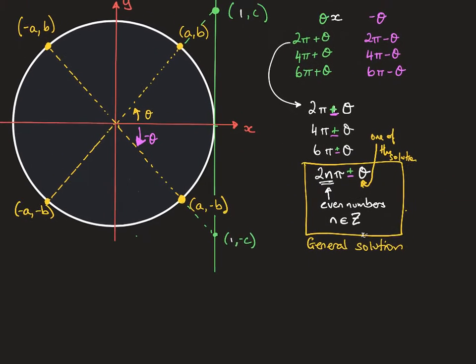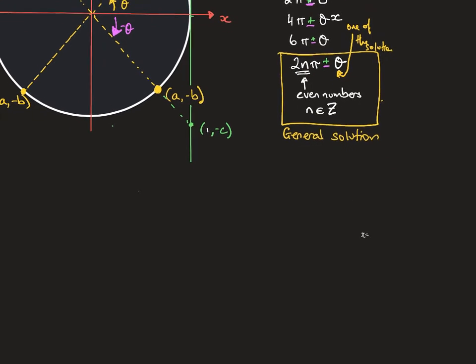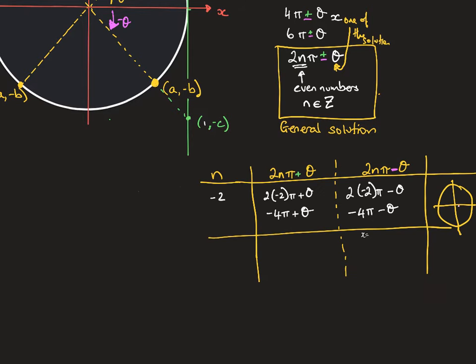So let's have a look at generating some solutions using the general solution formula. I'm going to write a table. Okay, so if we have n at minus 2, we end up with minus 4 pi plus theta, minus 4 pi minus theta.